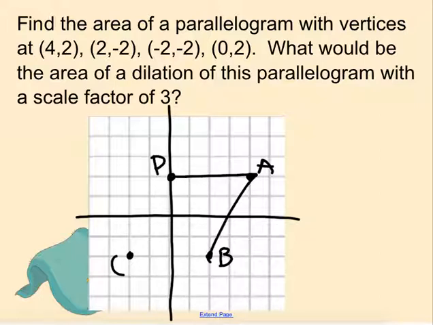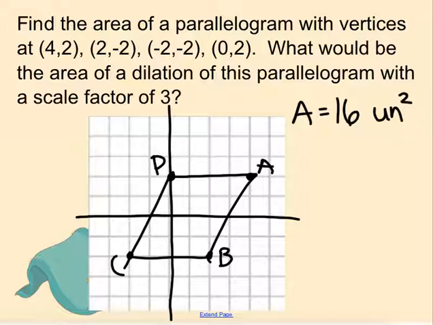So we do have my parallelogram, which means that the base is 4 and the height is 4, which means my original area is 16 units squared. So what would the area of a dilation of this parallelogram be if we have a scale factor of 3?